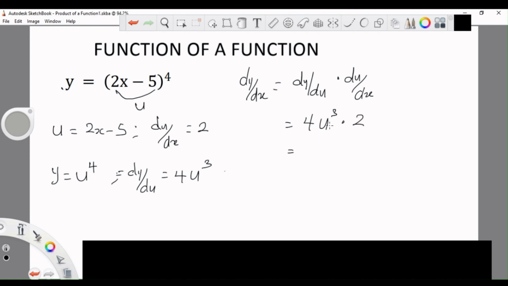So 4u to the power 3 times 2 is 8u to the power 3. So therefore, our dy/dx is equal to 8. Remember, our u is 2x minus 5. So u, bring it back, is 2x minus 5, all to the power what? 3. So this is our final answer.